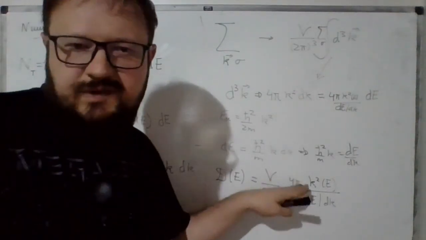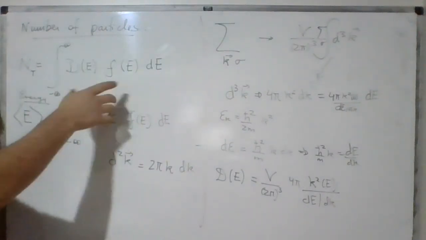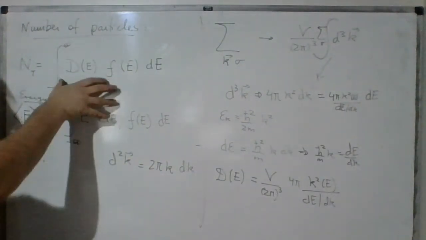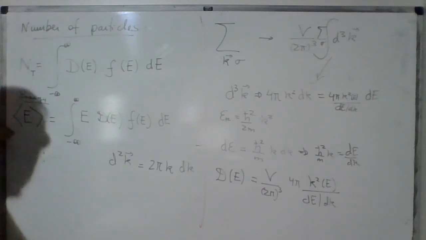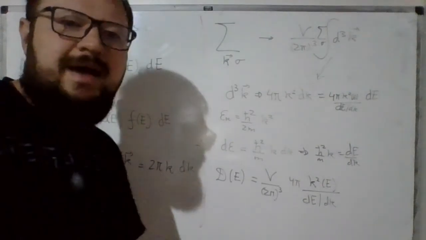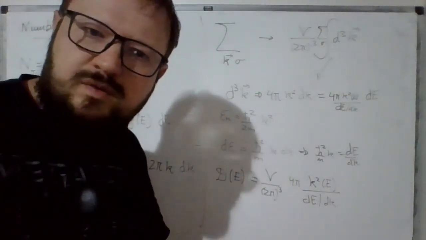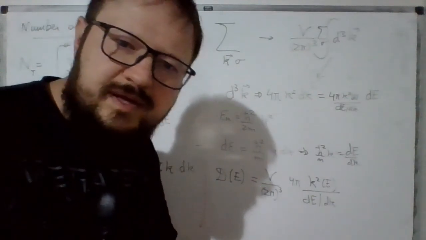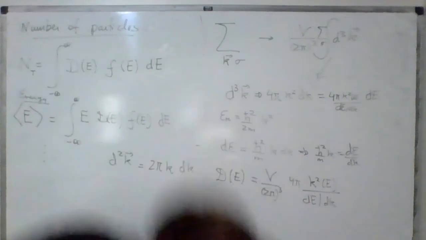In the end, the density of states will appear in calculations for the total number of particles, the energy of your system, the magnetization of your system, or whatever physical quantity you want to calculate; it will be related to the density of states.